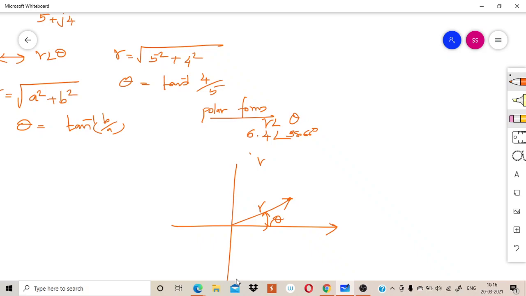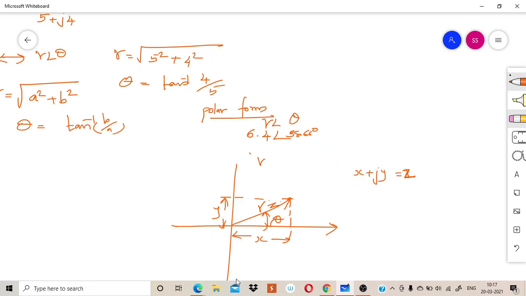If you project this phasor onto the x-axis and y-axis, then you will get this as x, and this is y. So x plus jy will be our phasor.